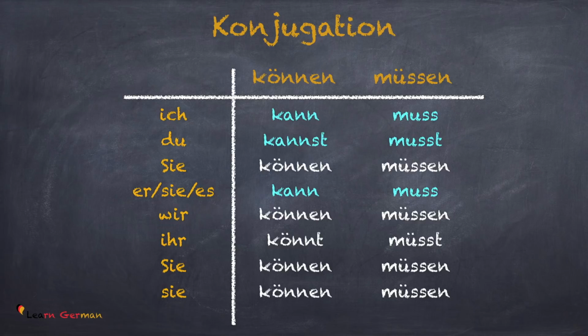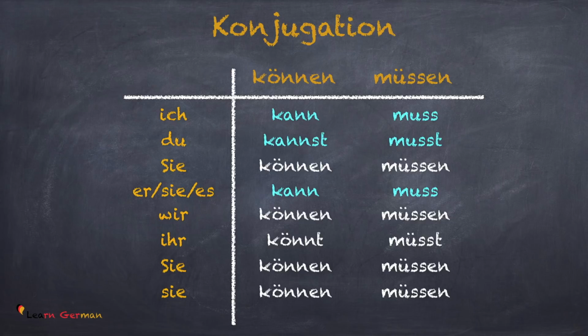For können, ich kann, du kannst, er, sie, es kann, wir können, ihr könnt, sie können. Similarly for müssen.